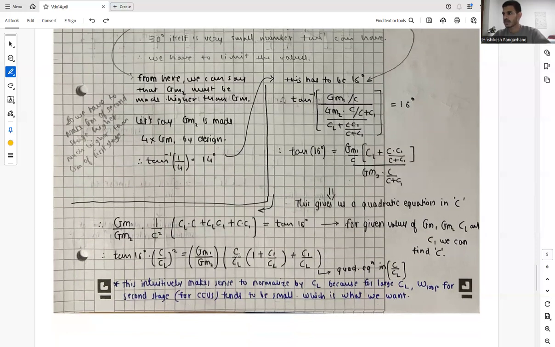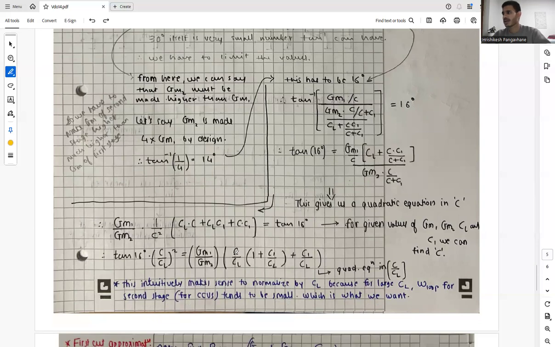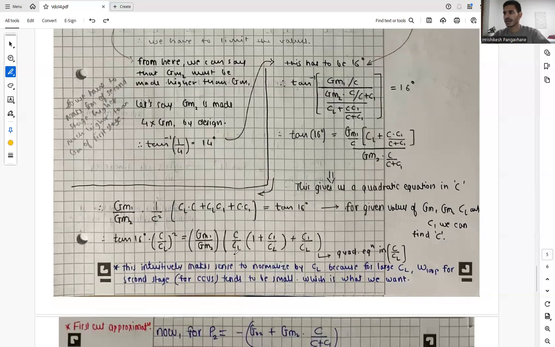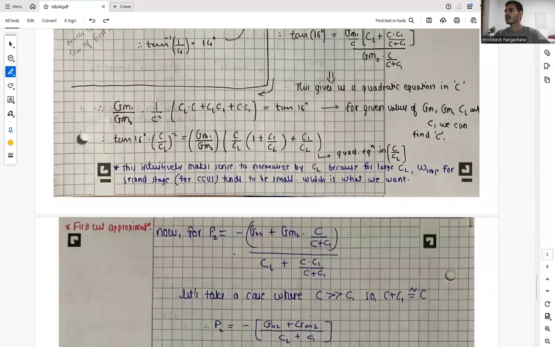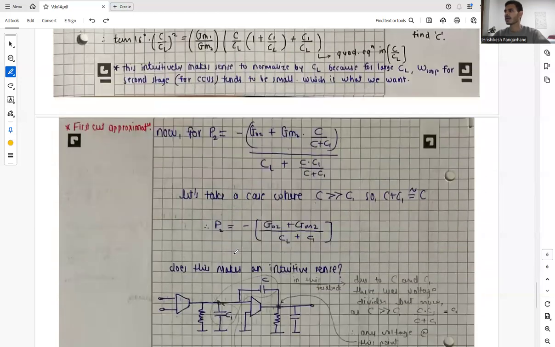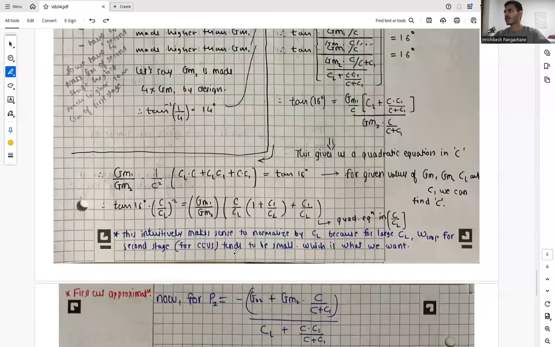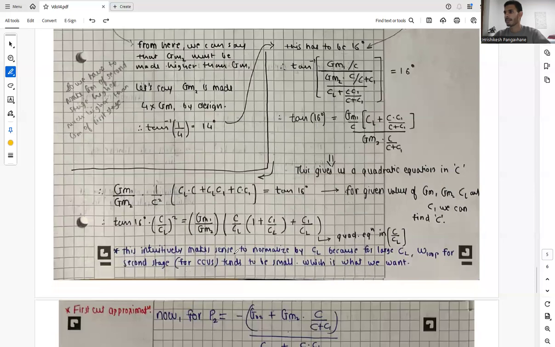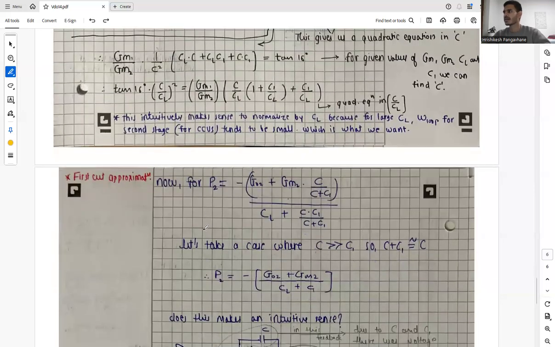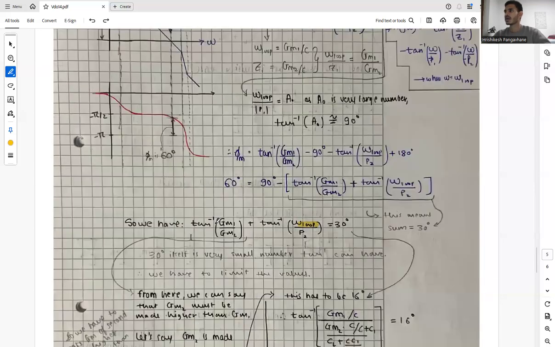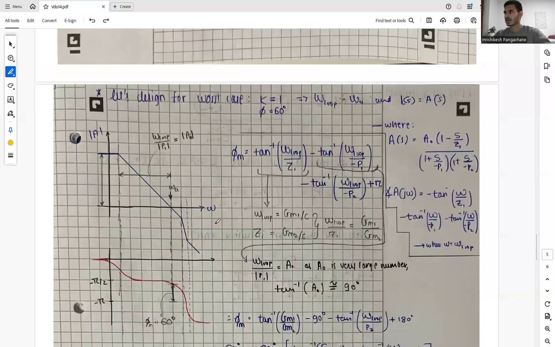So it makes sense to normalize the C value by CL. Again, this is for our P1. Now this is how we design for our case where we have the given K and phase margin.